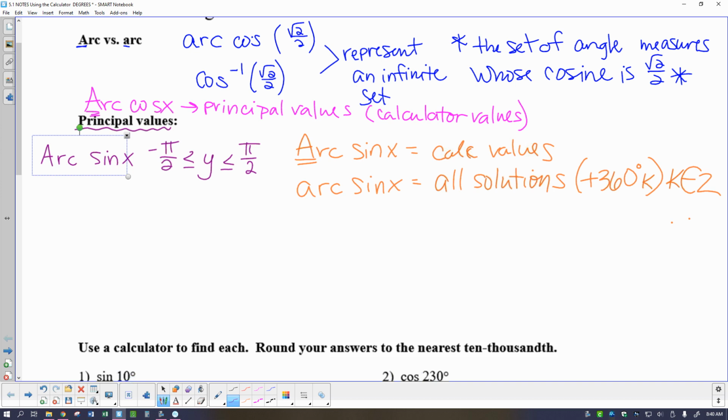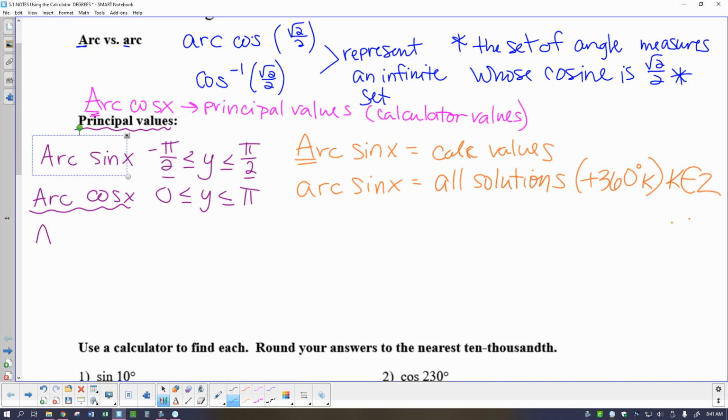So it passes that vertical line test, and that's what those numbers are. Similarly, for the arc cosine, we have from 0 to pi. Again, that's limiting it so that this is a function when you graph the inverse of cosine.